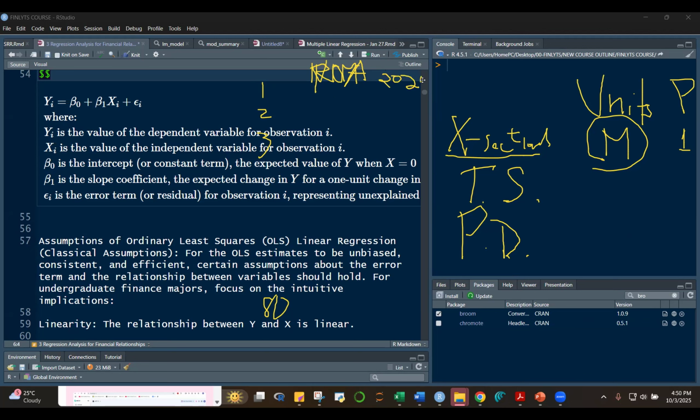So you have only 1 year. You have your ROA for insurance company 1, for company 2, up to the ROA for insurance company 80.